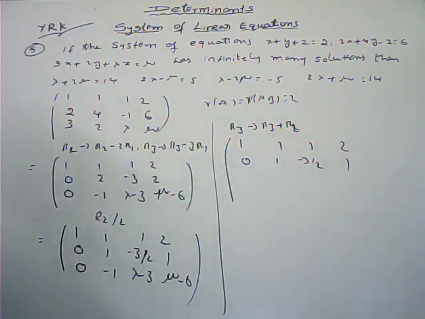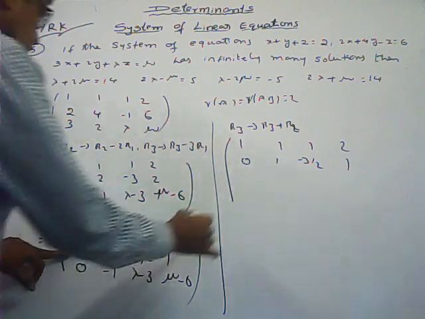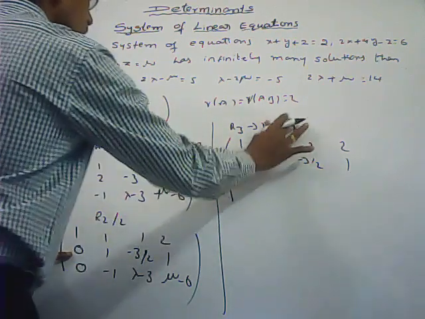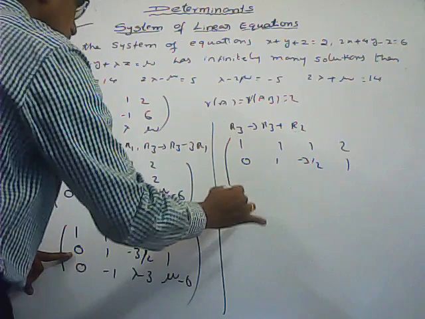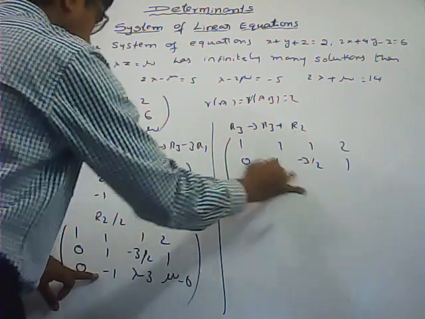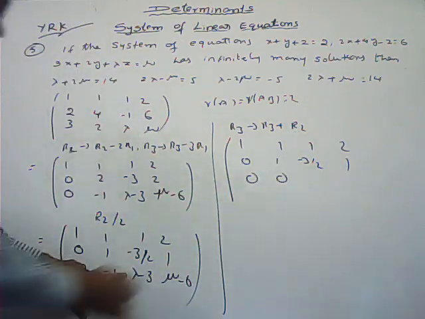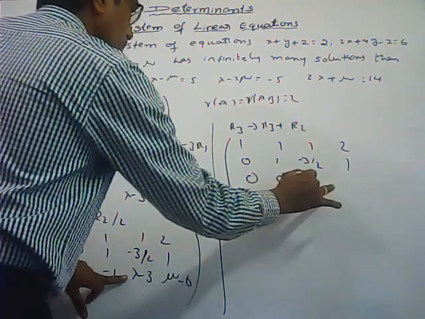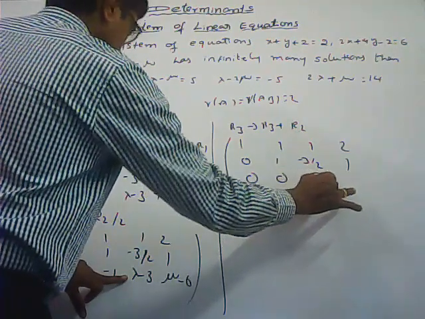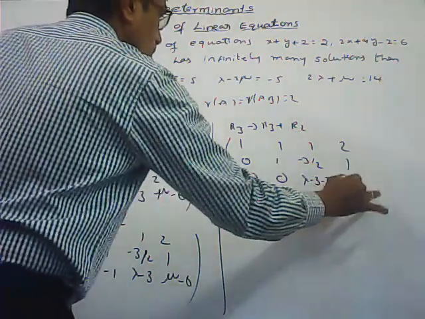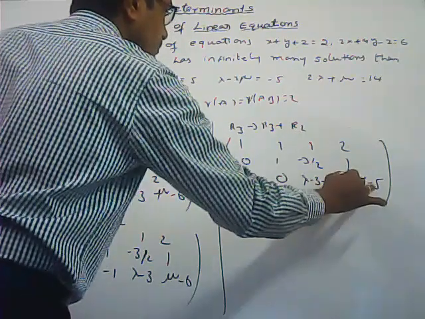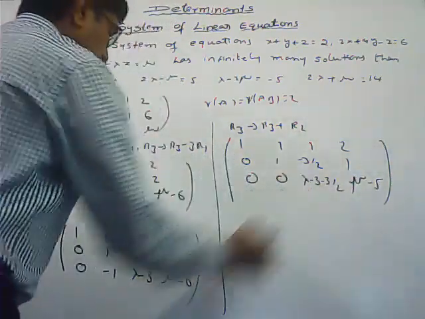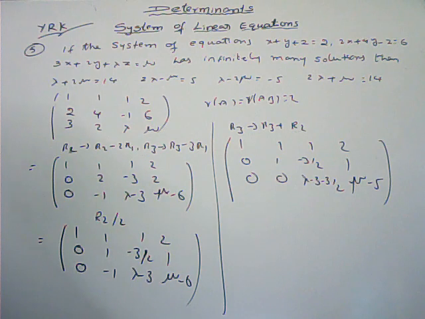Here R3 plus R2, 0, minus 1 plus 1, 0, lambda minus 3, minus 3 by 2, mu minus 6 plus 1, that is mu minus 5.